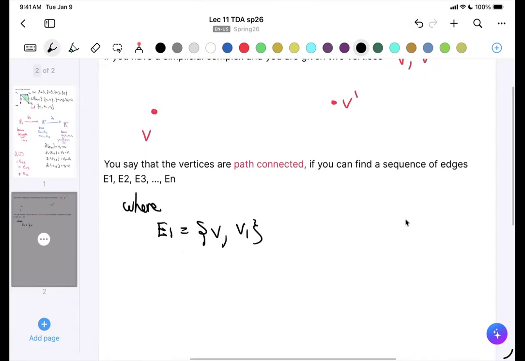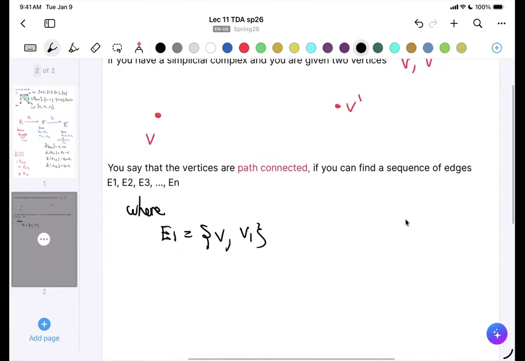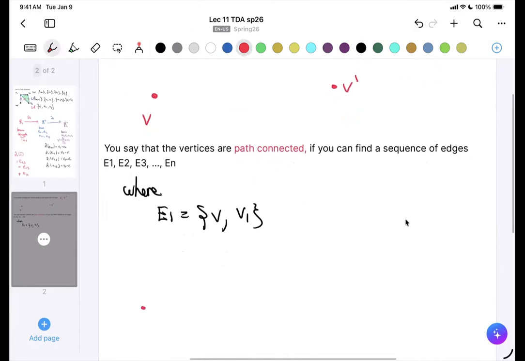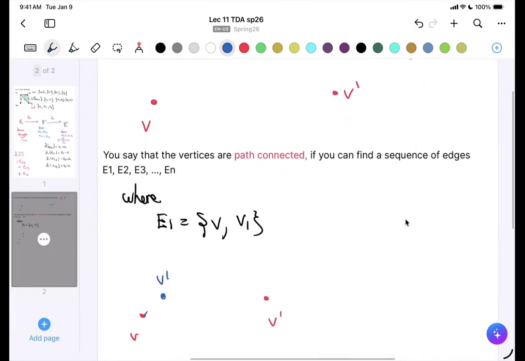So again, just to represent this pictorially, it's sort of like a recursive definition, right? There's an edge that takes you from V to V1. This is represented by this edge that I'm calling E1.